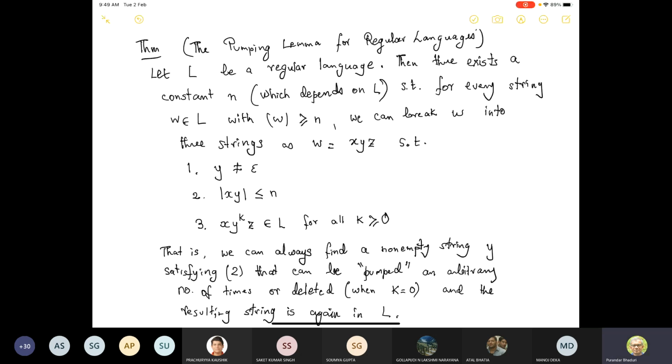The reason it is difficult is because there are so many quantifiers in this statement, and the quantifiers are all nested. So when you say let L be a regular language, this really means this is true for all regular languages.